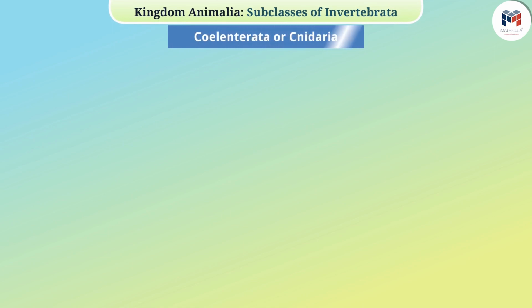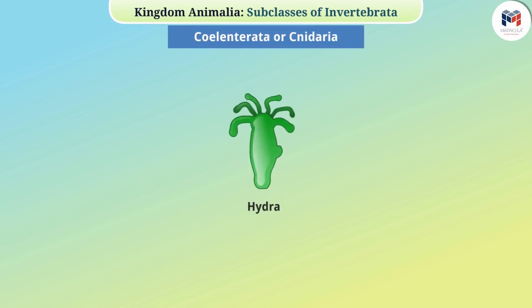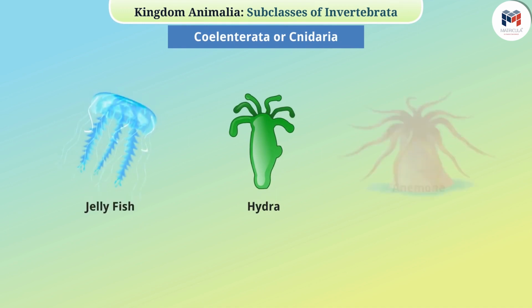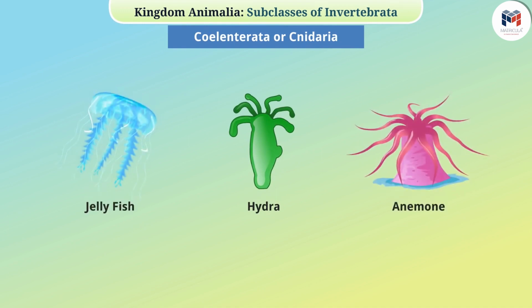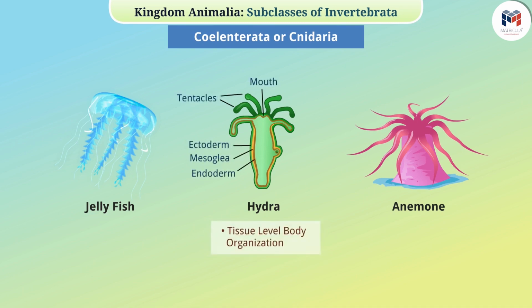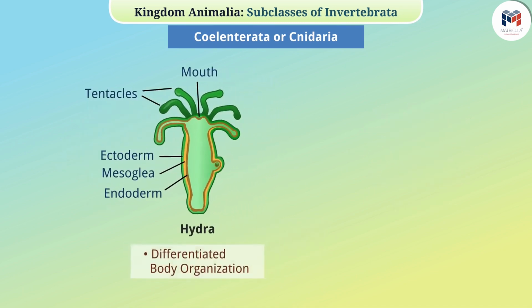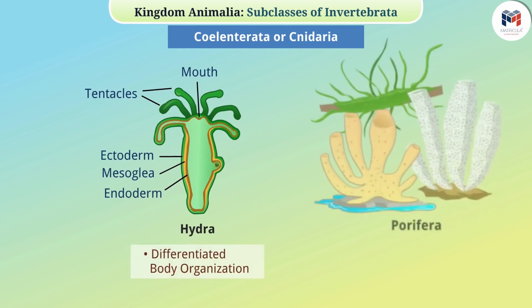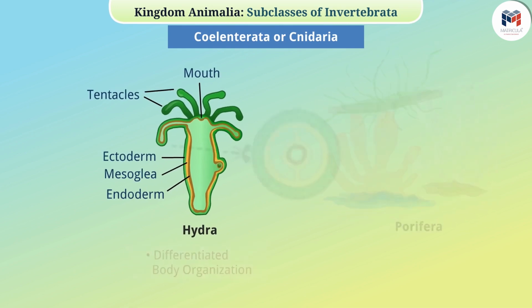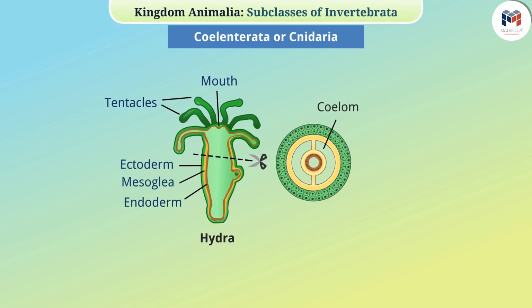Coelenterata or cnidaria. These include organisms like hydra, jellyfish, anemone, etc. They are all multicellular aquatic animals and their body organization is at tissue level. Their body organization is more differentiated than that of porifera. There is a coelom in their body.